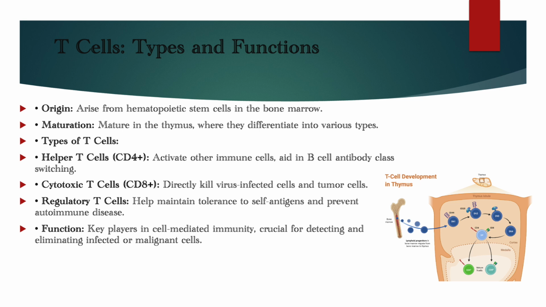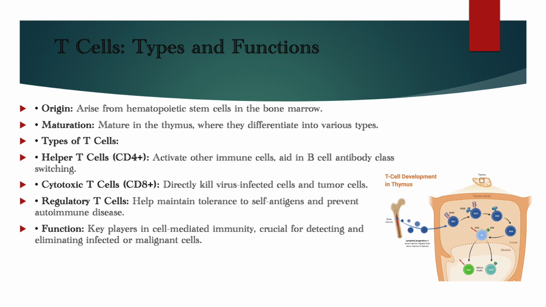Helper T cells, or CD4 positive cells, are pivotal as they orchestrate the immune response by activating other immune cells and helping B cells switch antibody classes. On the other hand, cytotoxic T cells, also known as CD8 positive cells, are the immune system's frontline defense, directly attacking and killing cells infected by viruses or transformed by cancer.